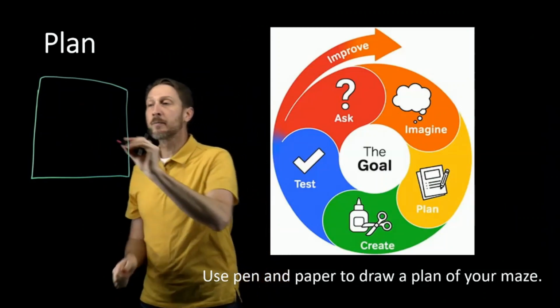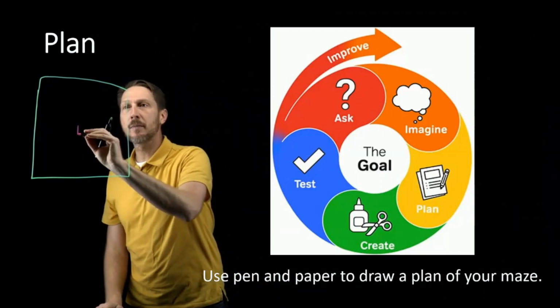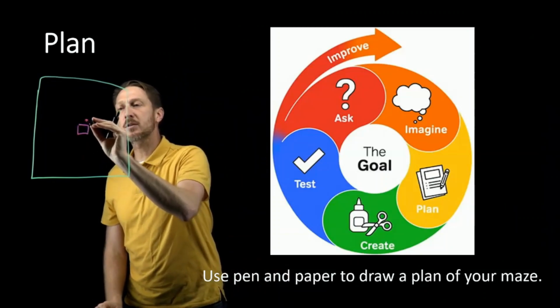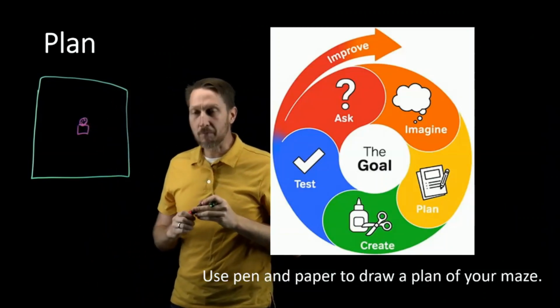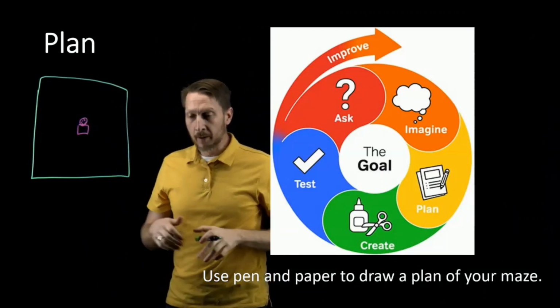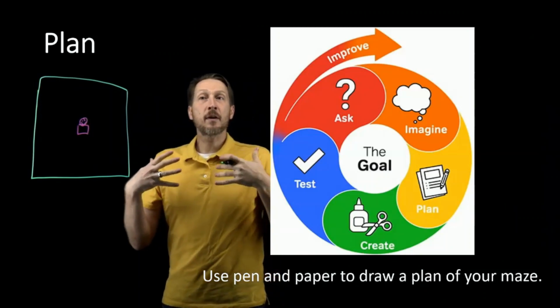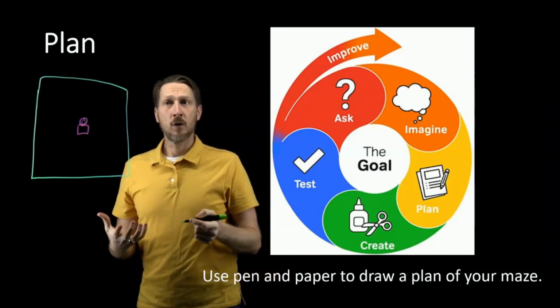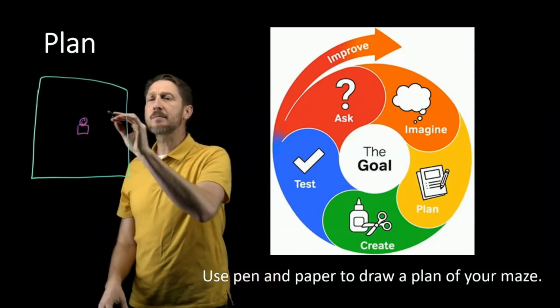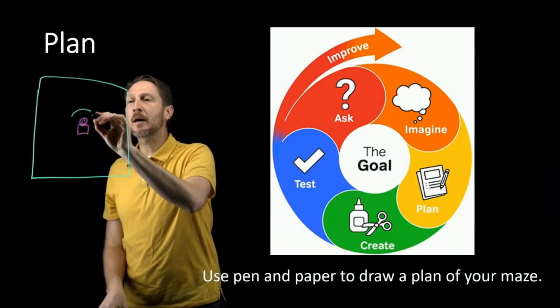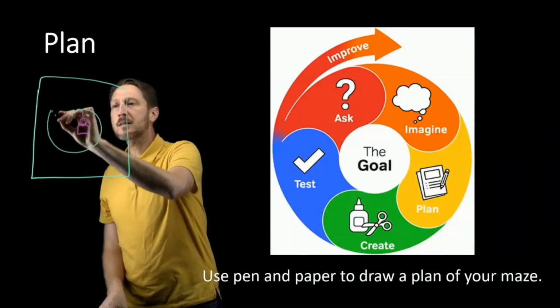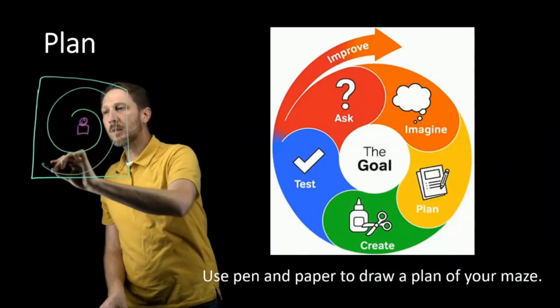My Scratch character is going to start in the middle. So my sprite, my person, is going to start in the middle of the board, and then we're going to have some type of a maze. Think about what you want your maze to be and jot it down with a pen and paper. I'm going to make mine a spiral.